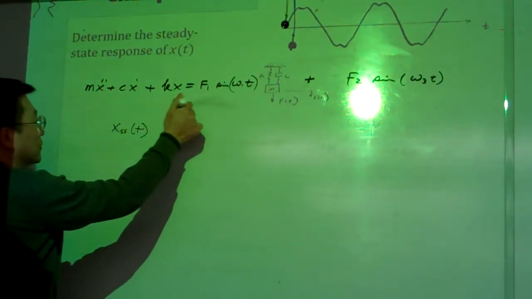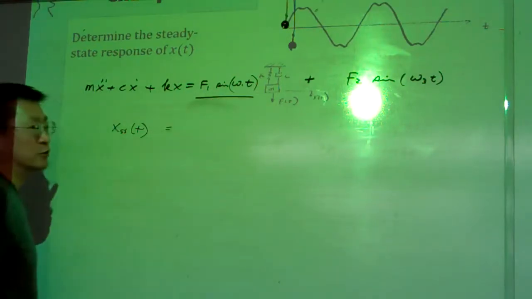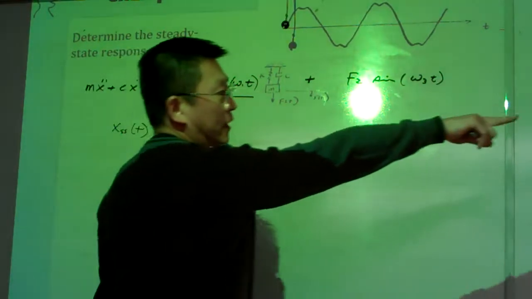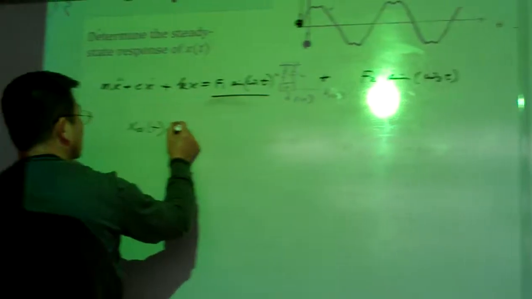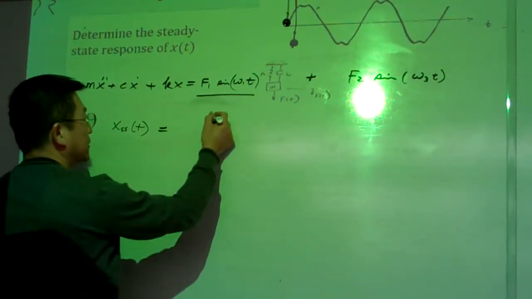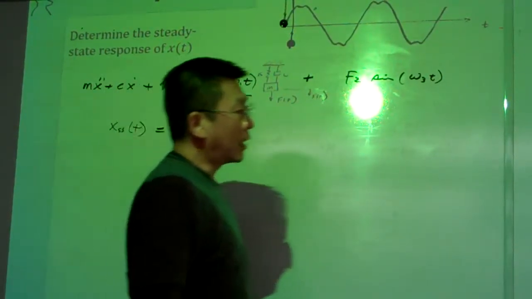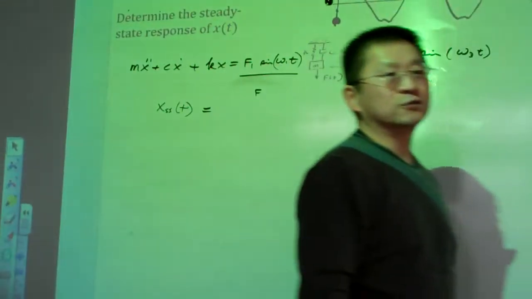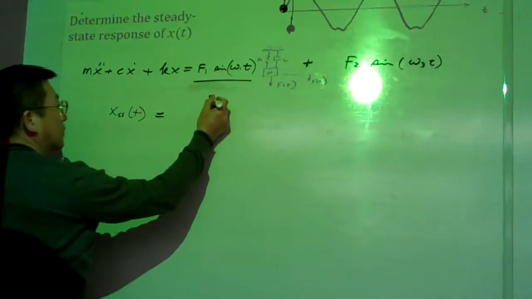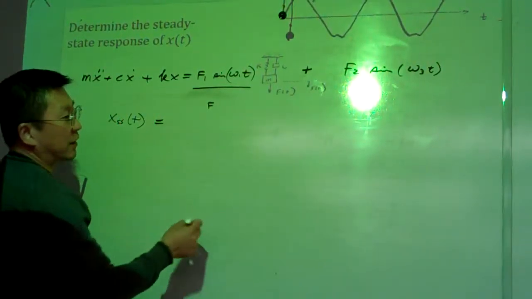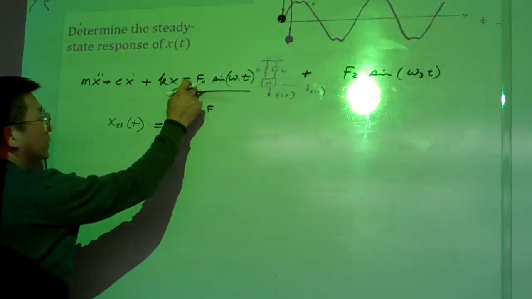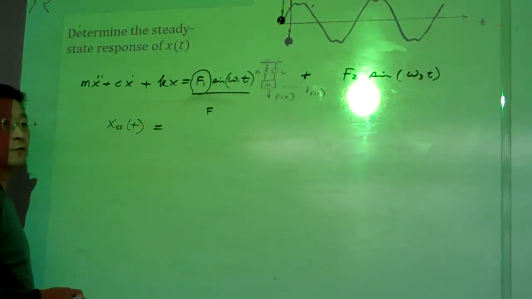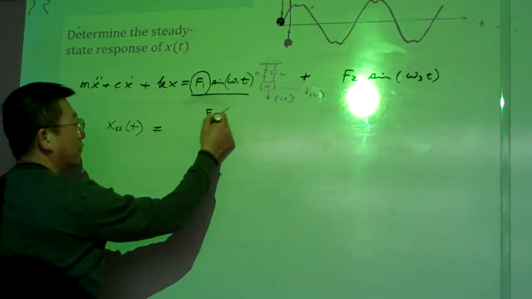The system response to that template is, and I'm going to use the second form because it has less writing, the magnitude delta st equal to the magnitude of the force, F1 divided by k.